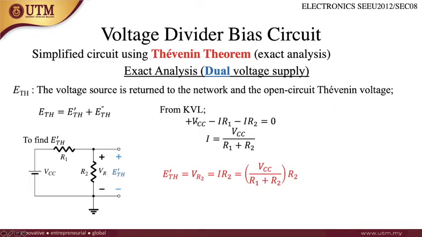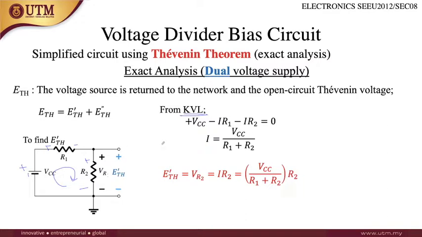So for E prime TH, choose one loop, same as before, and use the Kirchhoff voltage law. So you will get that this is minus, this is positive, this is positive, this is minus. Again, the current flowing from R1 is the same as the current flowing to R2, since this is an open circuit.